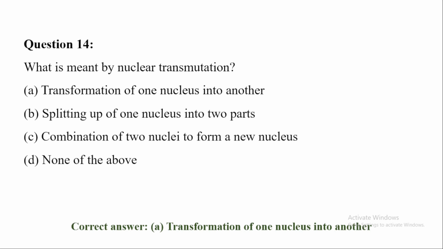Once one nucleus splits into two nuclei, it is fission. Fission means breaking up. One nucleus breaks into two nuclei. Fusion means combining, two things fusing together, binding together to form one unit. So two nuclei combine together to form one new nucleus.